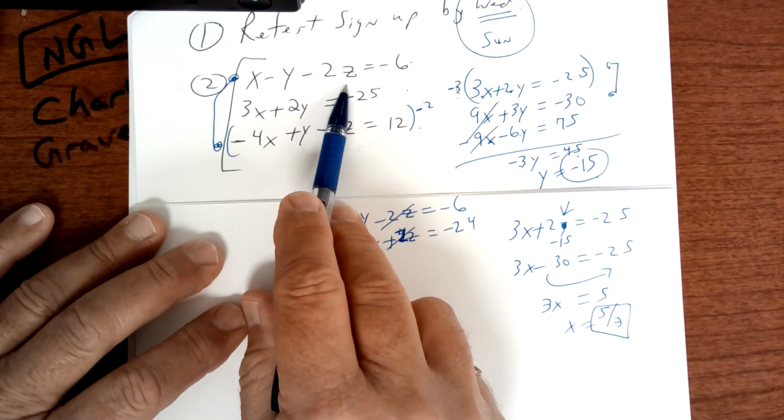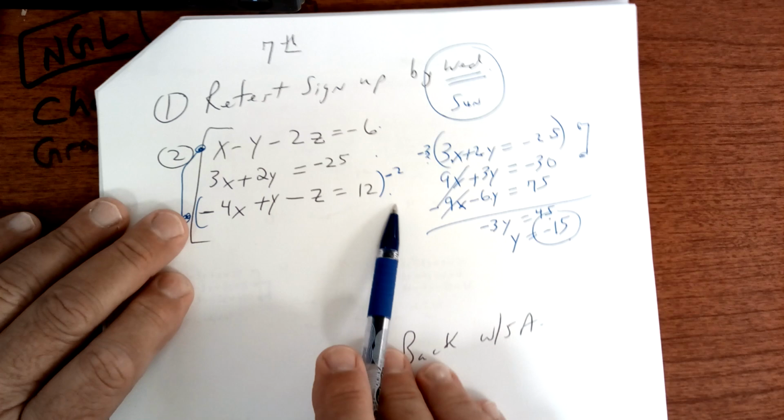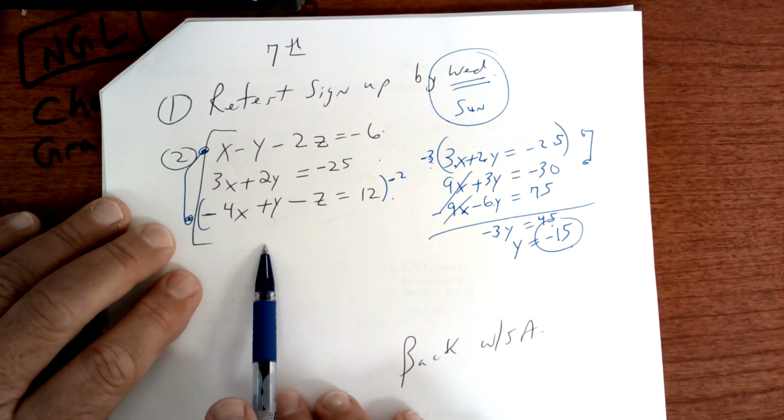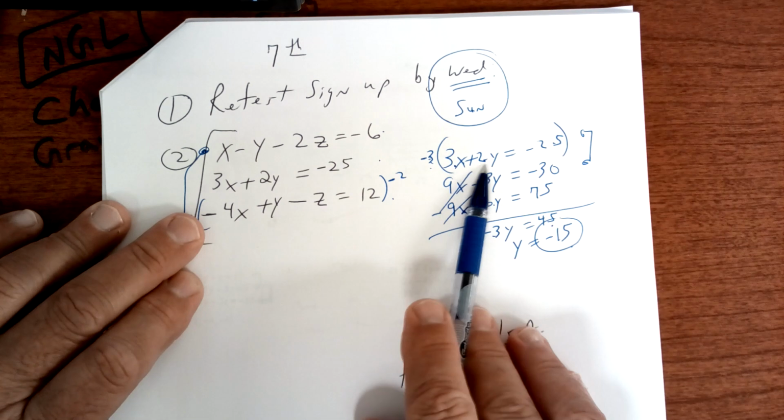All right, so today we're doing the back side of the worksheet. And actually on this one right here, we want to take another look at it just to make sure. So let me do that real quick. If I take this one and write it right here, that's cool.